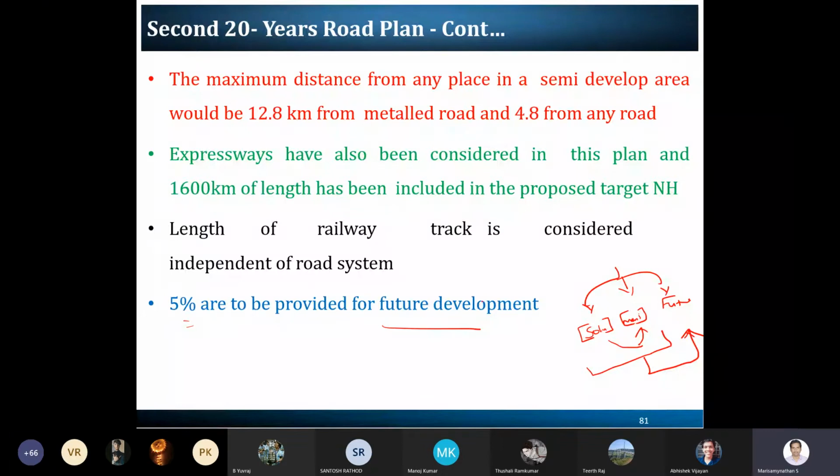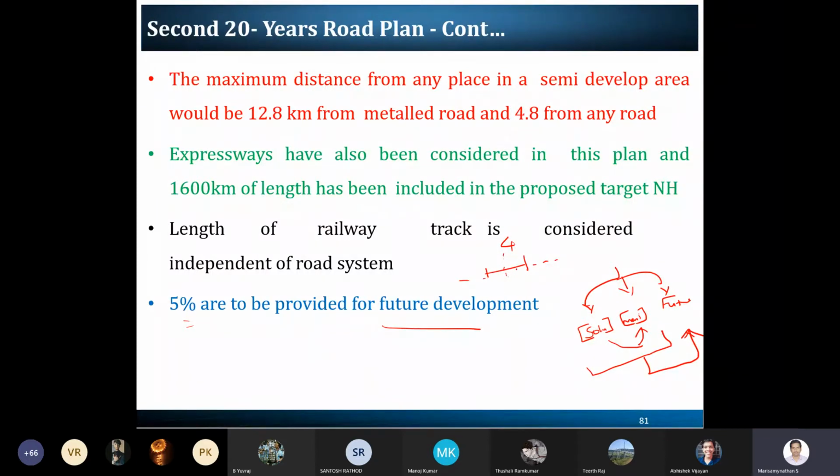It might be financial, or it might be road width. Now it might be a 2-lane road, but in future it may extend by 2 more lanes, to a 4-lane divided road. So future expansion can also be considered in that second 20-year plan. These are the highlights of the second 20-year plan.